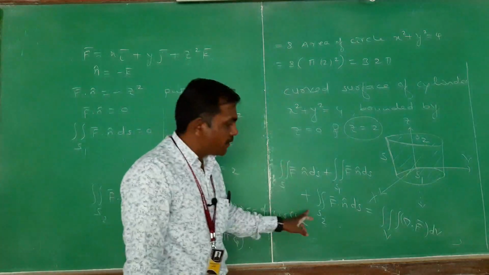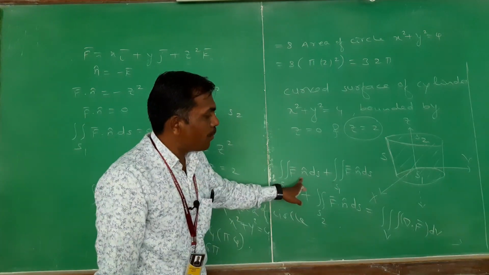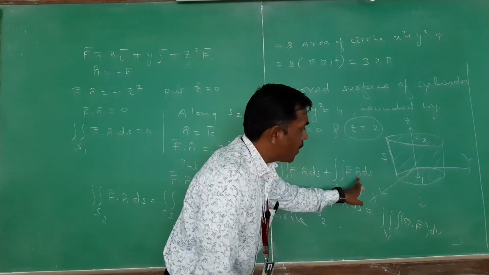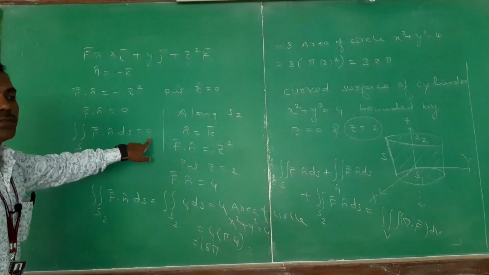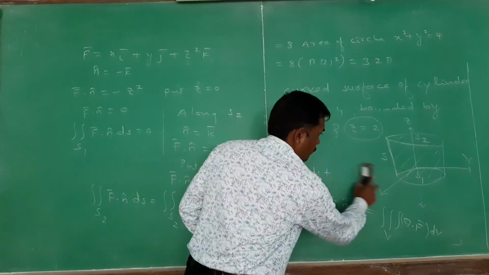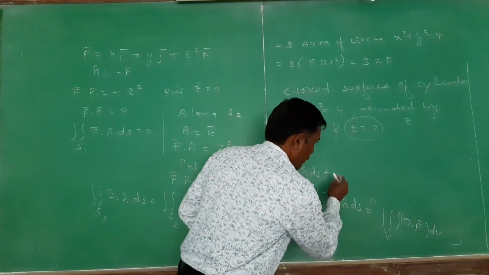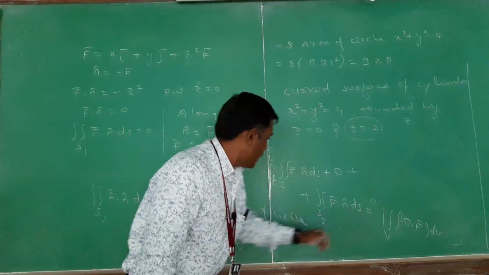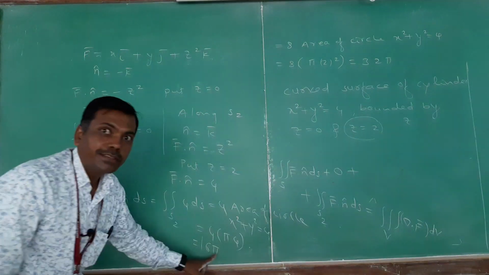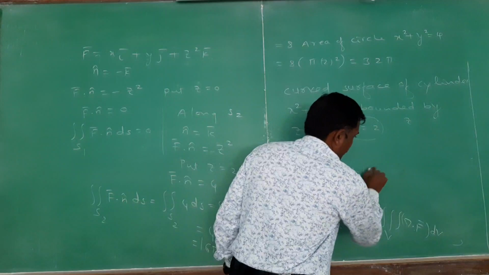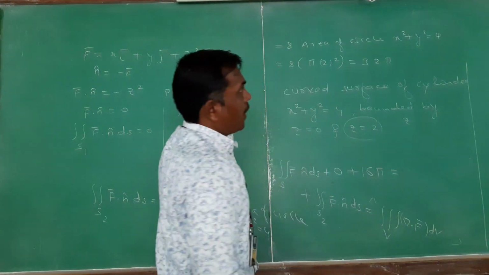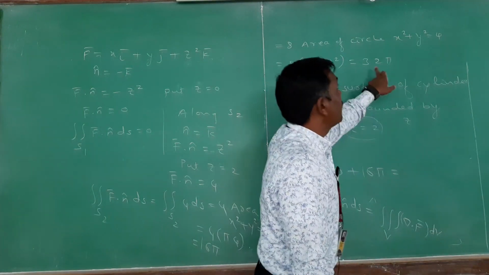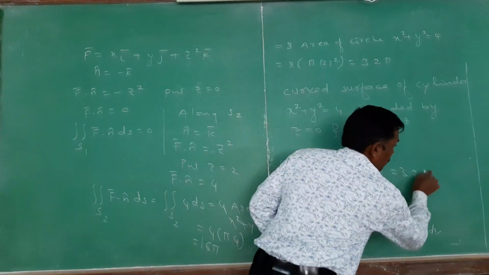So let us complete the answer now. The double integral over s of f bar dot n cap ds plus the double integral over s1 of f bar dot n cap ds, our answer is 0, so I can substitute 0 here, plus this one, the double integral over s2 of f bar dot n cap ds, which is 16 pi, is equal to our first answer, the triple integration over v of del dot f bar dv, which is 32 pi.